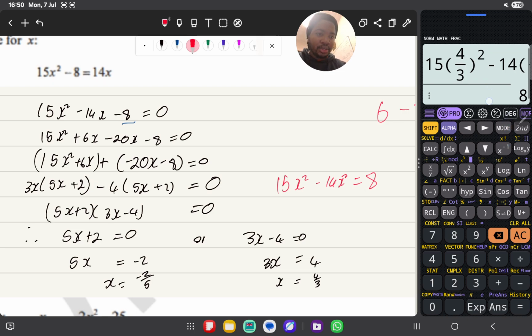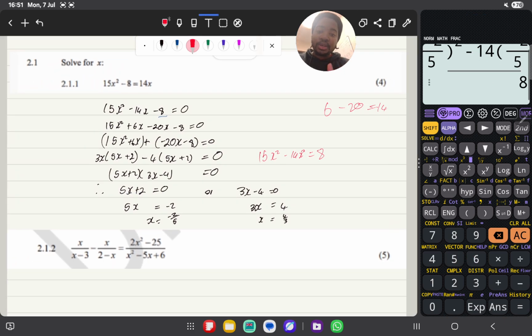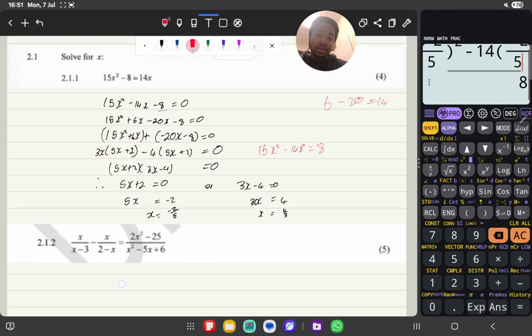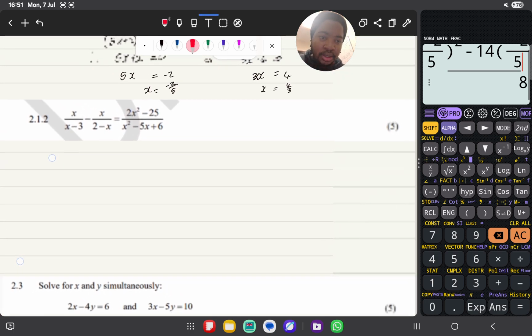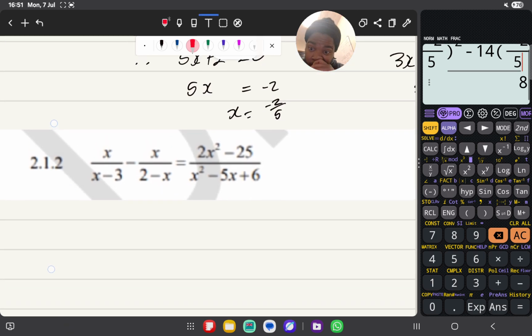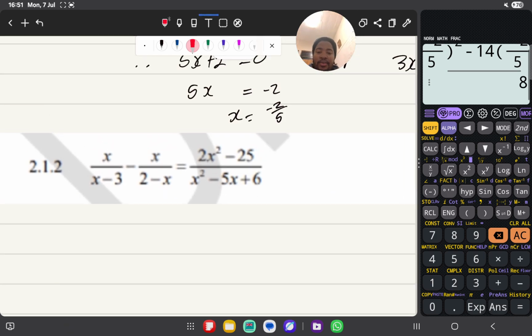How about the other one? We try minus 2 over 5, and we are getting 8. So that was perfect. Don't forget that. Here's another one. It looks like we might even need more space here, but let's see what we have.